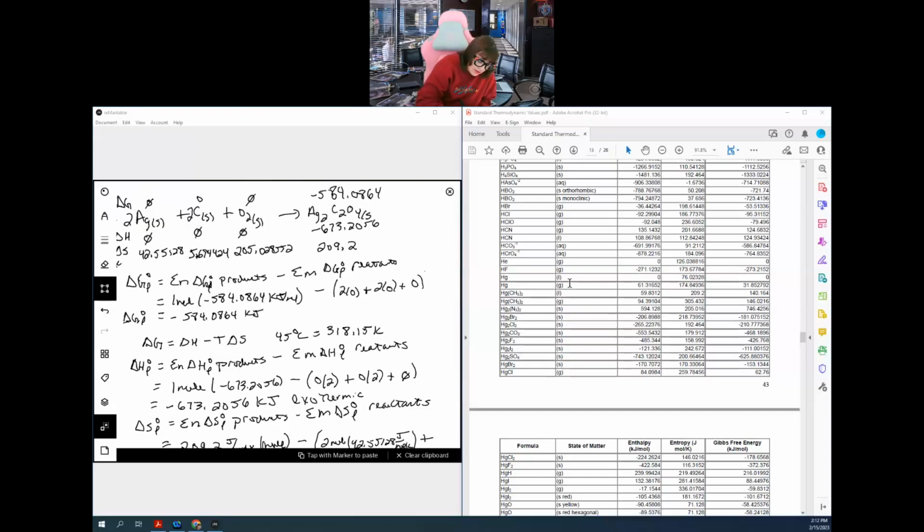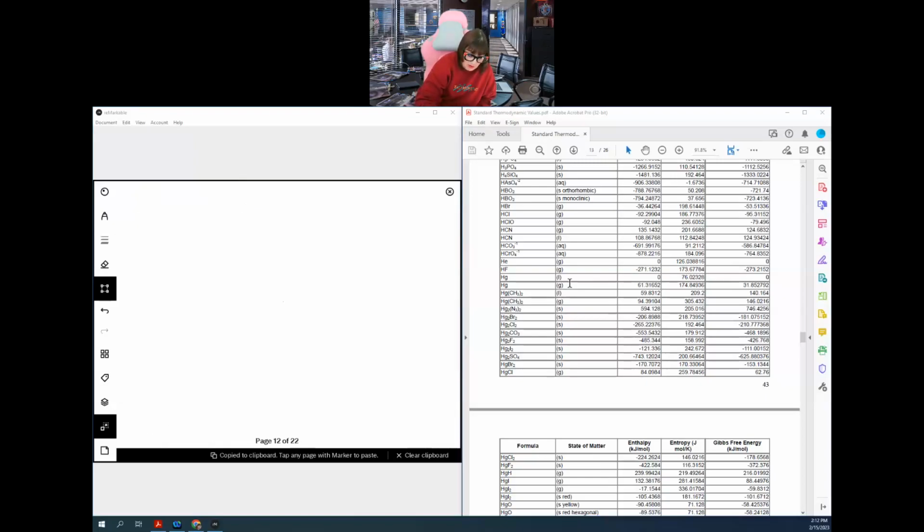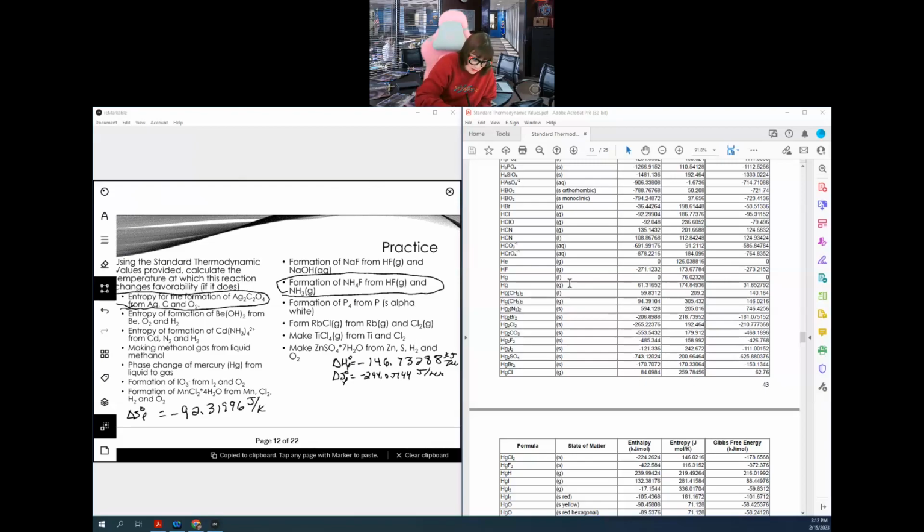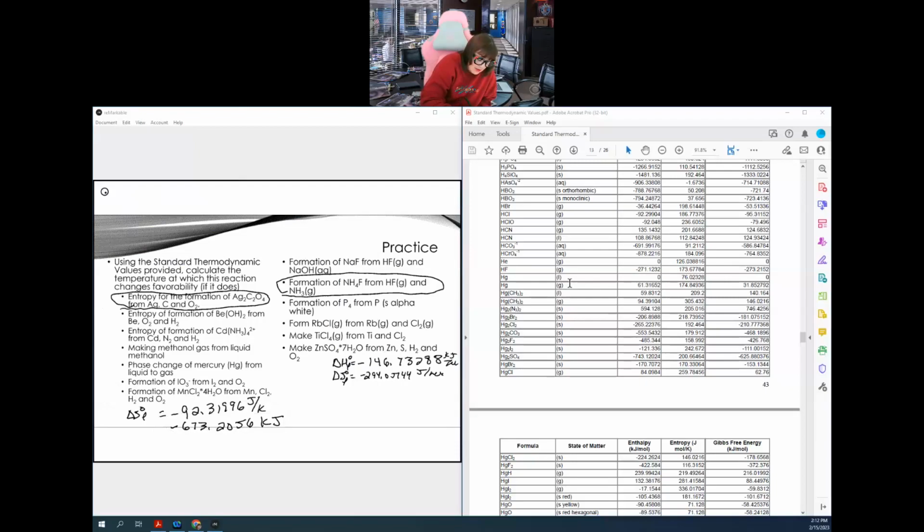Yeah, delta H is right here. Sometimes it misses weird parts of it, and I don't understand why it does that, but okay, fine. So that's my delta H value for that one. And again, that's delta H not F. So I have a delta S and I have a delta H for both of these.